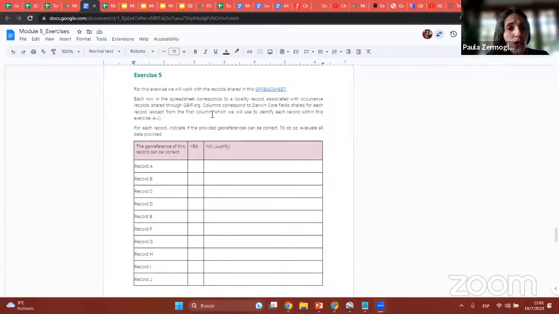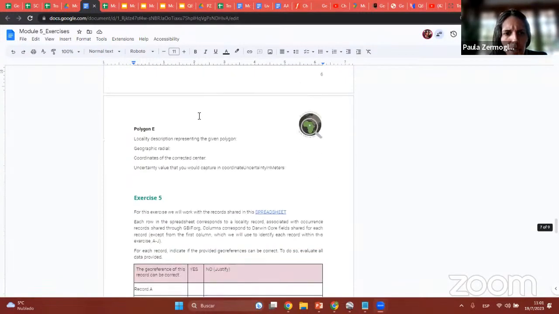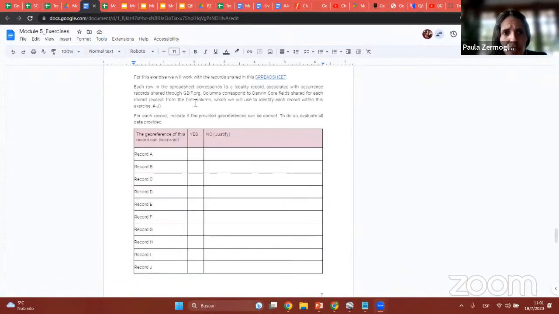Give me a second because it's taking a little while to download. Okay, so let me share my screen again and I'll show you. So in the exercise document for module 5, you have all exercises listed above, and exercise number 5 is the one that is linked to that spreadsheet.